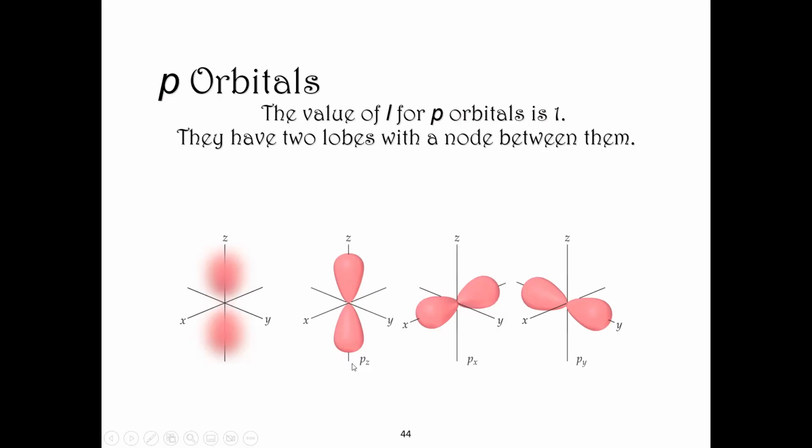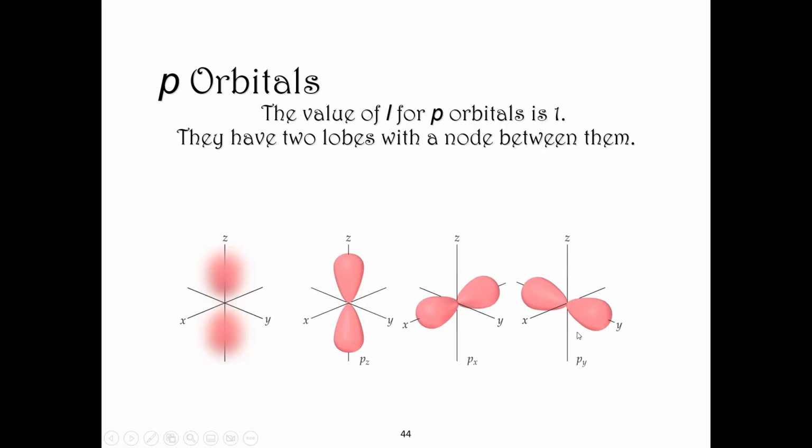And if you look at the picture here, it usually goes px, py, pz. So this is just arranged a little bit differently, but it doesn't actually matter because all of these 3 p orbitals are going to be equal in energy. But to distinguish the 3 of them, we essentially call them px, py, and pz because each of these orbitals is on one of those axes.